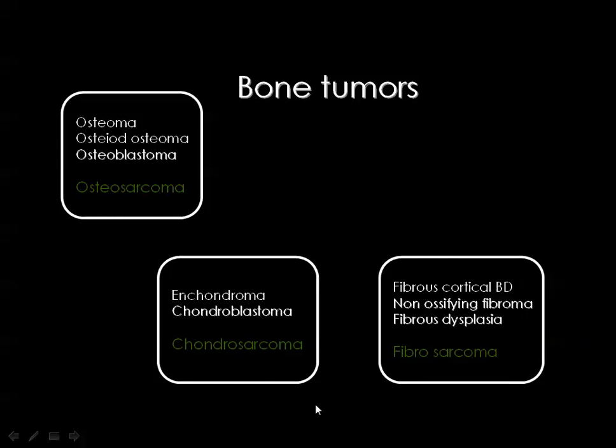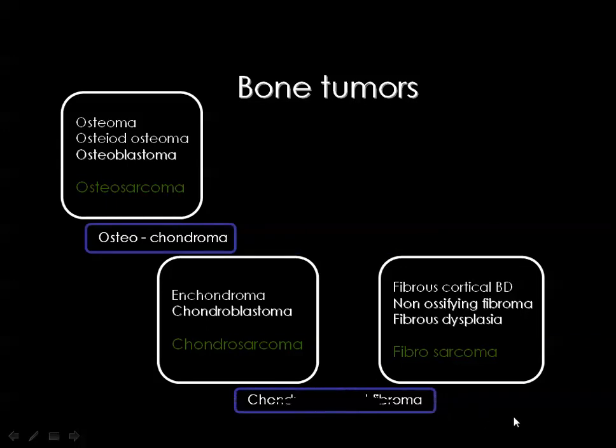Tumors arising from the fibroblast include fibrous cortical defect, non-ossifying fibroma, and fibrous dysplasia, with the malignant counterpart being fibrosarcoma. There is an intermediate lesion between osteoblast and chondroblast, which is the osteochondroma or cartilage cap exostosis, and an intermediate lesion between the chondroblast and the fibroblast, which is the chondromyxoid fibroma.